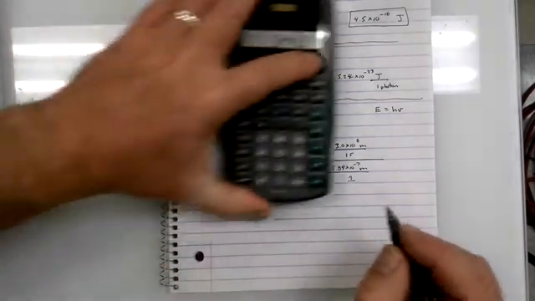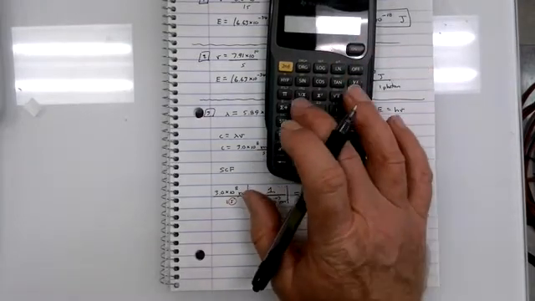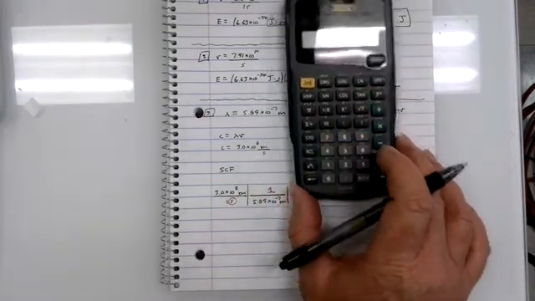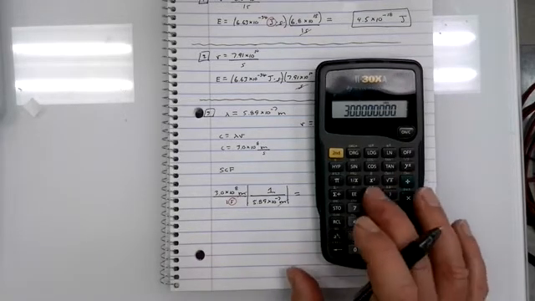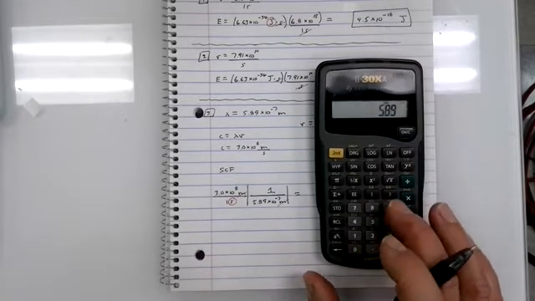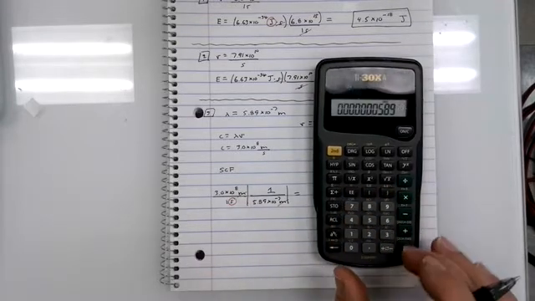So here we go. 3 times 10 to the 8th divided by 5.89 times 10 to the negative 7th, close parentheses, equals.